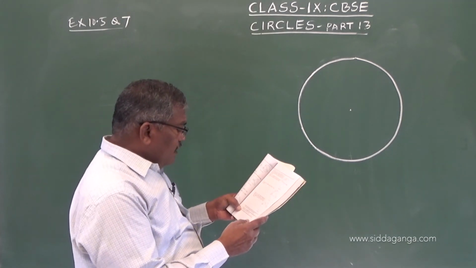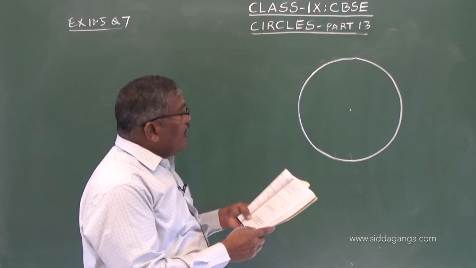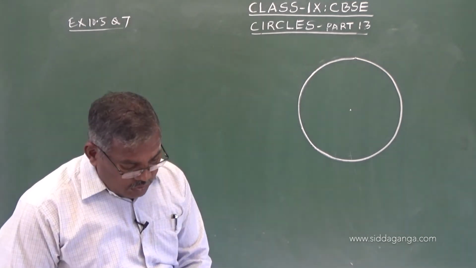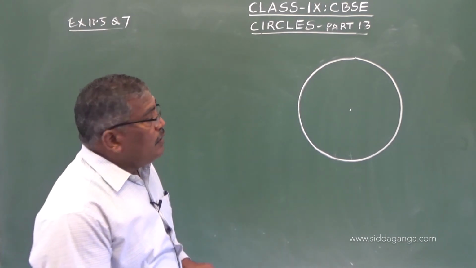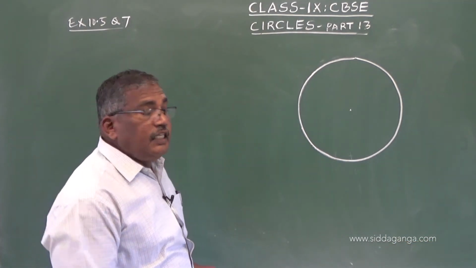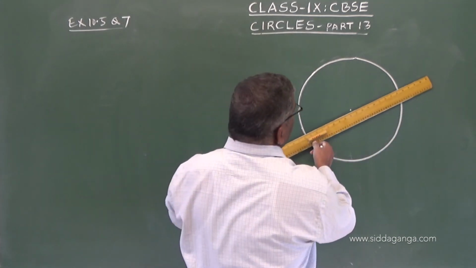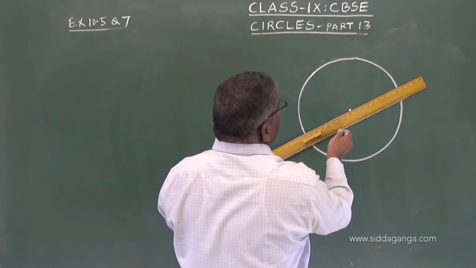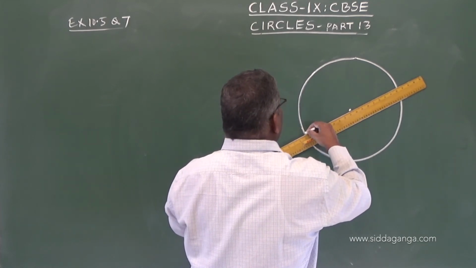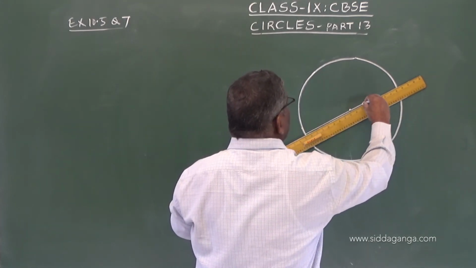If the diagonals of a cyclic quadrilateral are diameters, so there are diameters which are also the diagonals of a quadrilateral. A diameter always passes through the center of the circle. So I will draw a line like this.